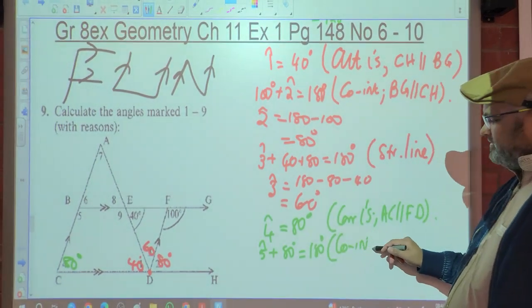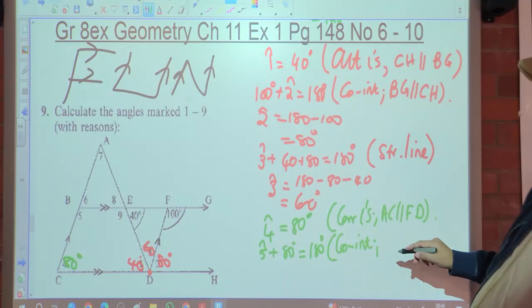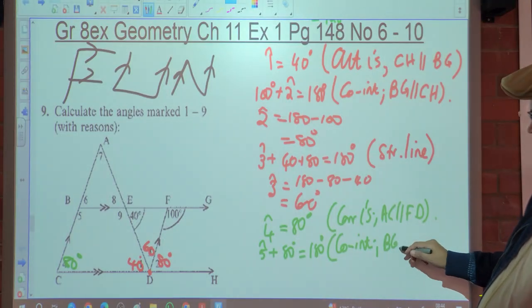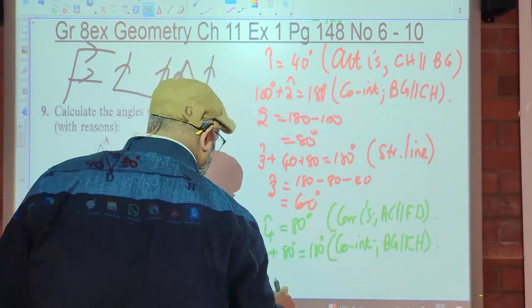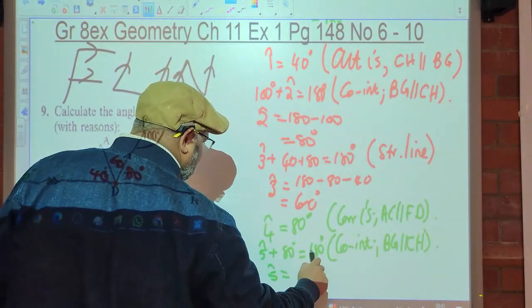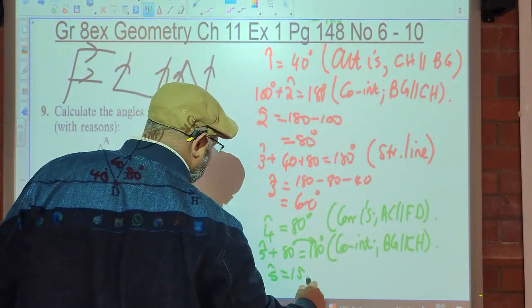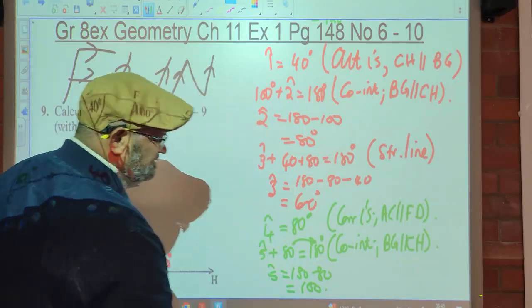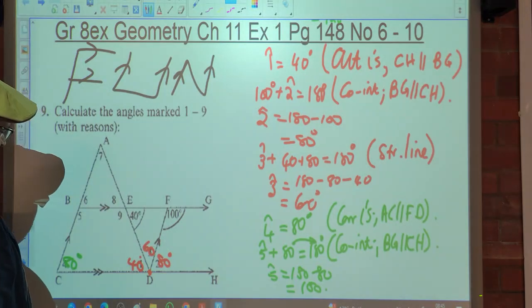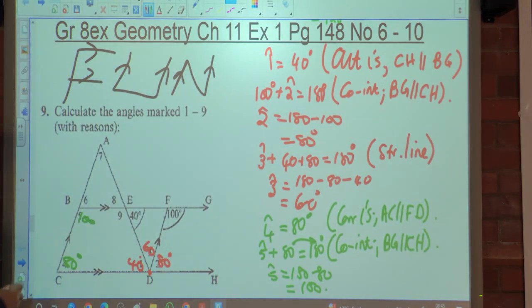Co-interior angles with BG being parallel to CH. So angle 5 is equal to 180 minus 80, which is 100. Okay, you all agree with that, people?